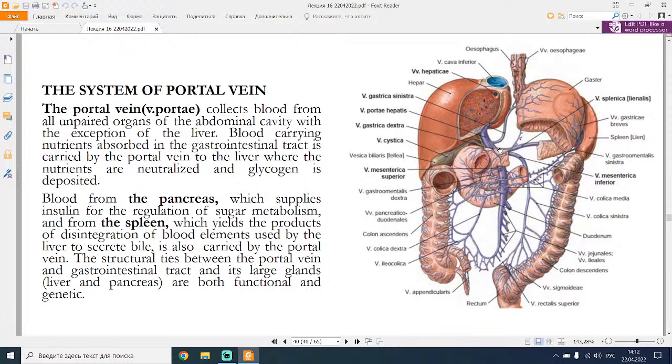The structural tie between the portal vein and the gastrointestinal tract and its large glands, liver and pancreas, is both functional and genetic.